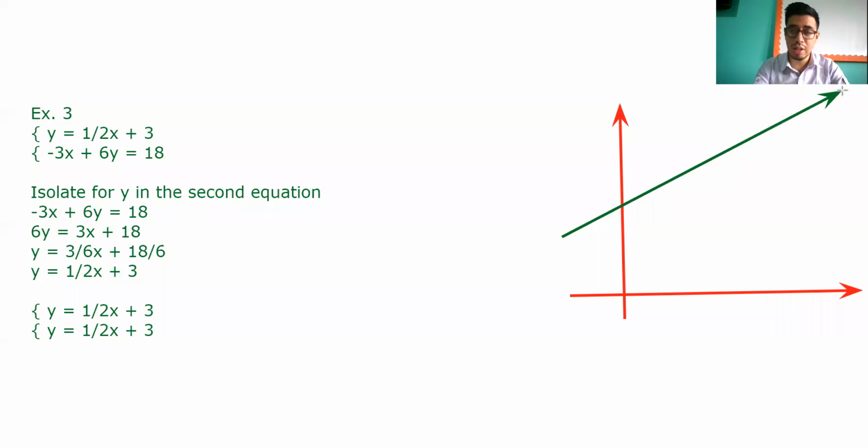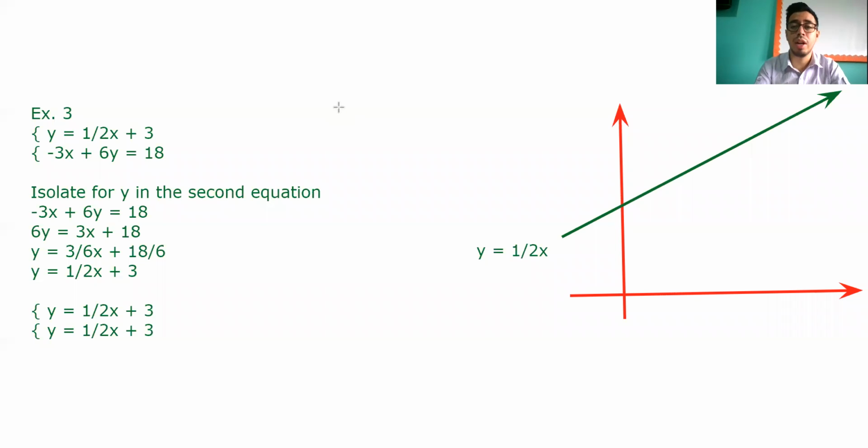You have something like this. Imagine that this is the graph for the equation y equal 1/2 x plus 3. But this is the same like I have in here twice. So I only graph one time, only once, and it's going to be completely the same.